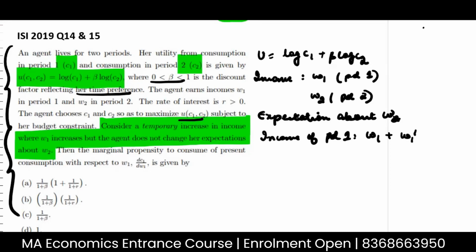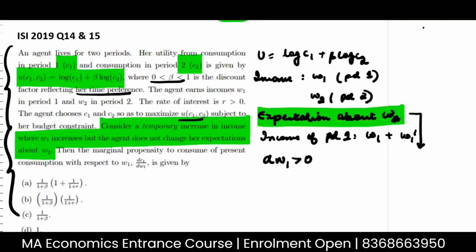You have to clarify that the expectation about W2 is not changing, which mathematically means that although dW1 is greater than 0, which means a change in wage is happening in period 1, dW2, where d means derivative, the change in wage of period 2, is 0.